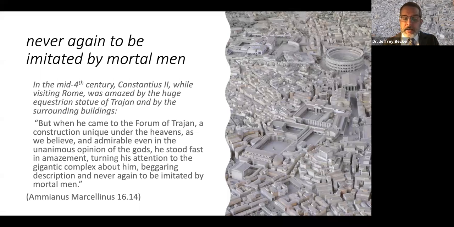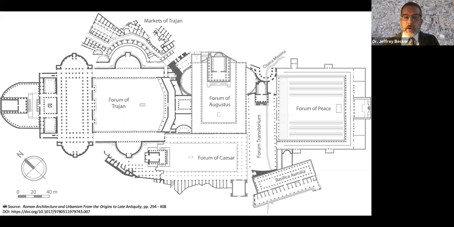To some extent, elements of the Forum and Column of Trajan have always been to one degree or another visible since their creation in the 2nd century. More on that in a second.